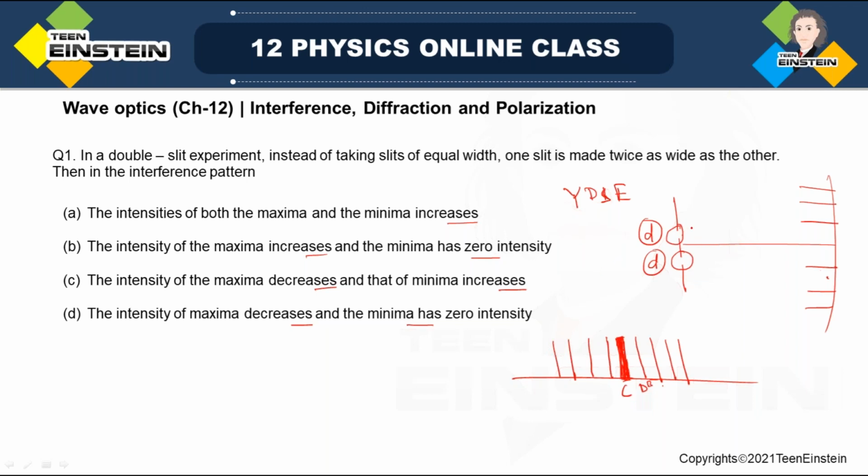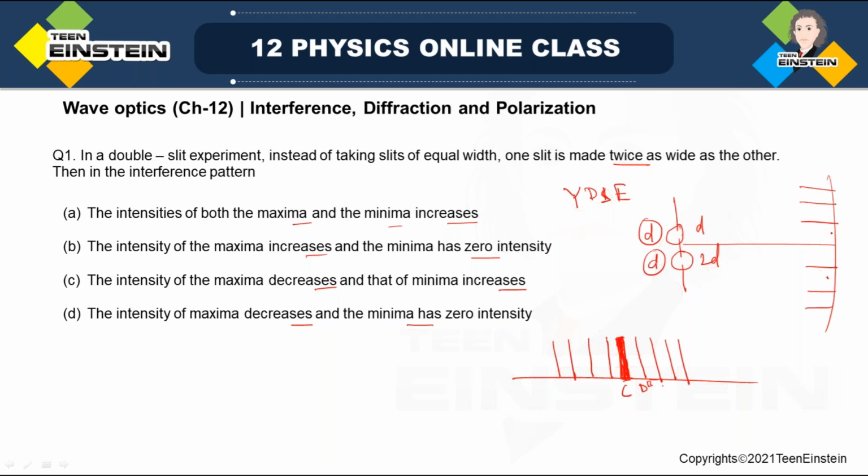Now the slit widths are changed. Suppose one is twice the other, so this is d and this is 2d. What will happen to the intensity? How will the intensity of the pattern change? Whether the intensities of both the maxima and minima increase, or the intensity of the maxima increases and minima remains 0.